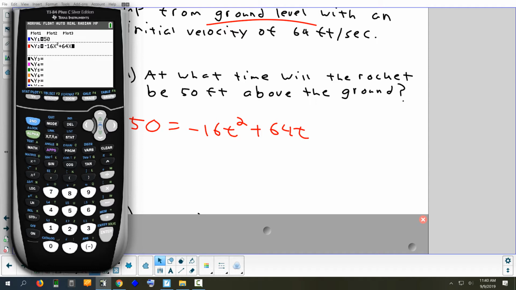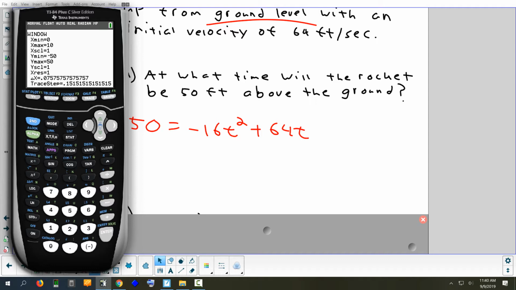Now, x is my time. What values of time make sense in this problem? Seconds. So that's the unit, but what kind of numbers would you always have to get for time? Positive. So it doesn't make sense to look at negatives on my x min. X max, well, I don't know. That's how long it's in the air for, right?